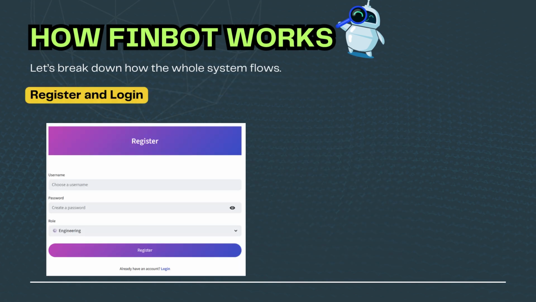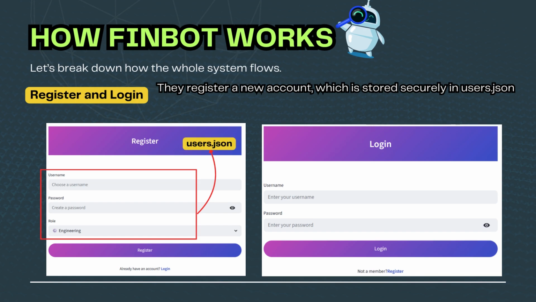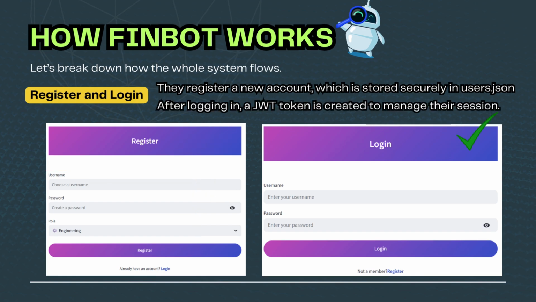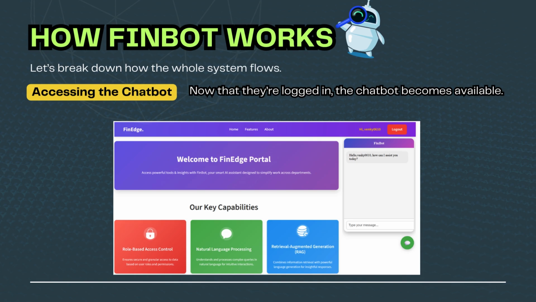Second, register and login. They register a new account which is stored securely in the users.json file. After logging in, a JWT token is created to manage their session. Third, accessing the chatbot. Now that they are logged in, the chatbot becomes available. They can start asking questions in natural language.